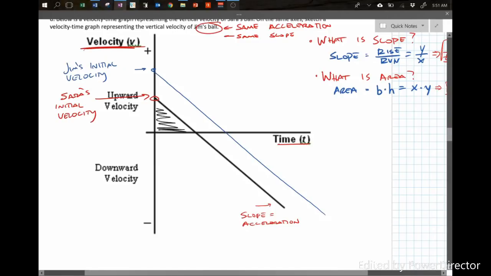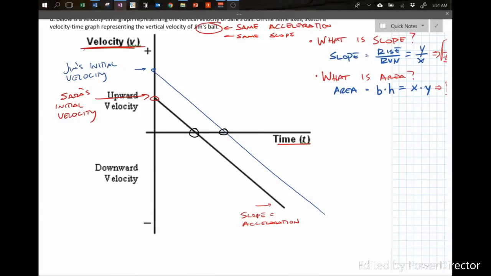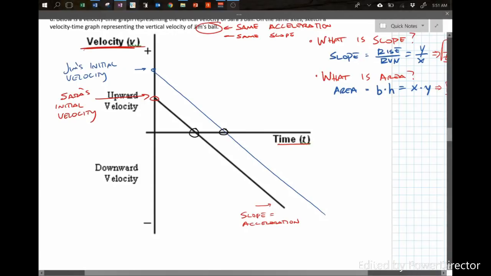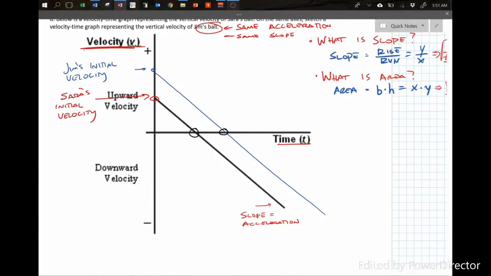This represents positive displacement. That's positive area. And this begins negative displacement. So our highest point for each object occurs right before we flip over the time axis. This is telling me that at that highest point, at my point of maximum positive displacement, both Jim and Sarah have the same velocity of 0.